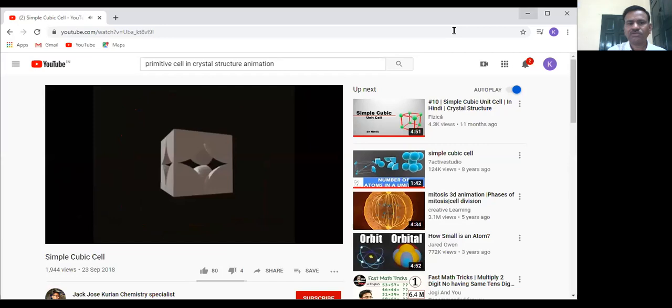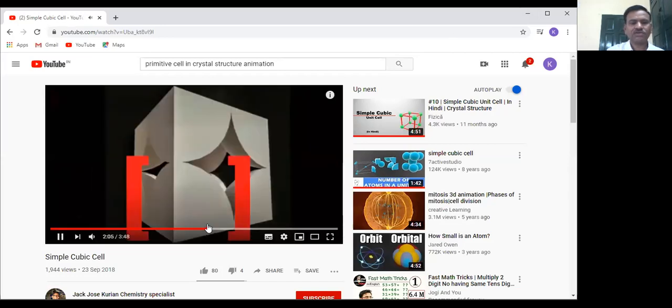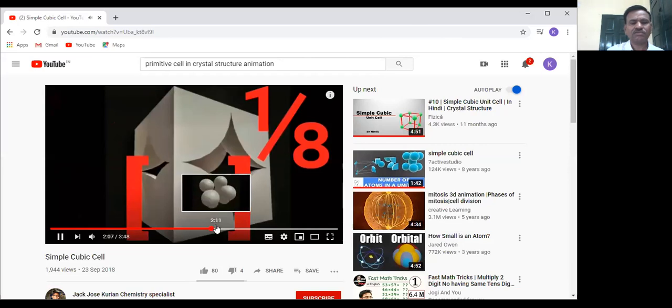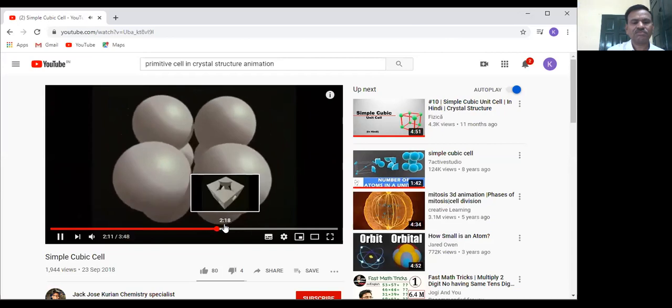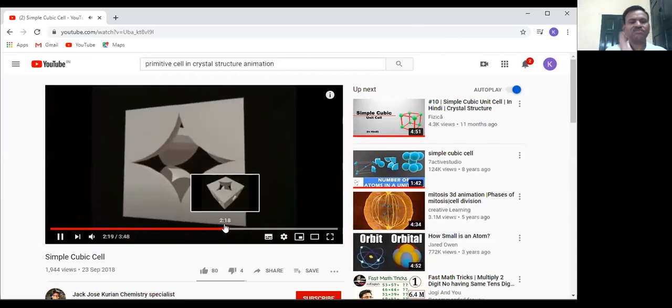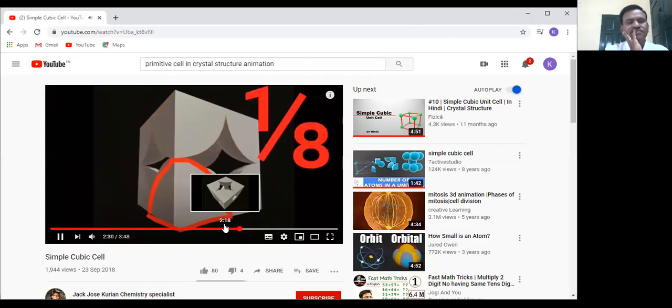From this point to this point, it looks like this, which is 1/8 of the sphere. The 8 atoms at the corners each contribute. This portion of the atom is 1/8 of the entire atom. This portion also contributes 1/8 of the entire atom, and so on.